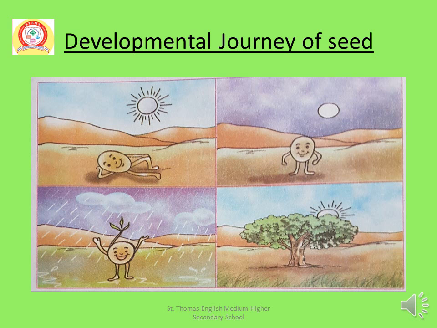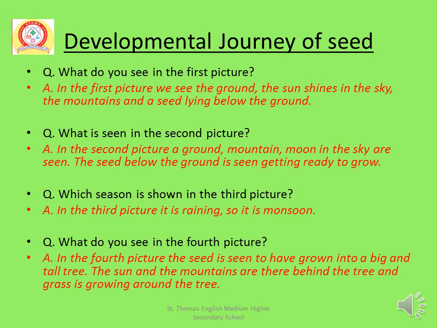Next, there are some questions on the basis of these pictures. Let us try to answer the questions. Now, the first question is, what do you see in the first picture? Answer is, in the first picture, we can see the ground, the sunshine in the sky and the mountains.